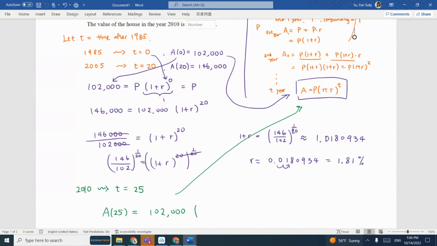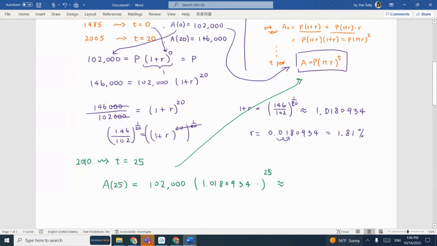If you want your number to be more accurate, it's better to keep more digits. So let's put this whole thing here: 1 plus r is 1.01800934 raised to the power of t, and t is 25.